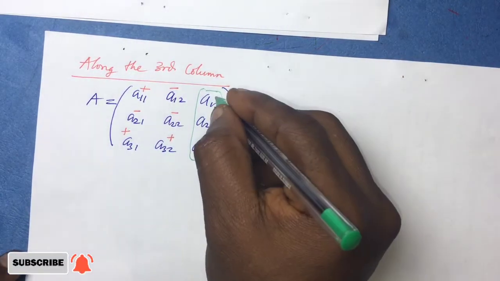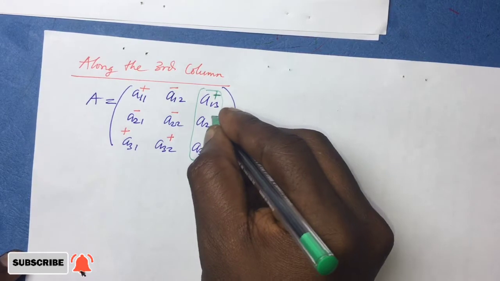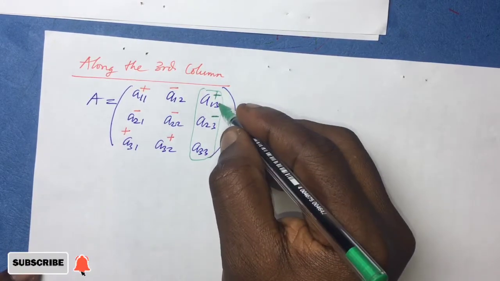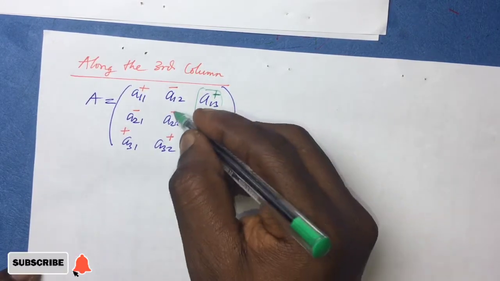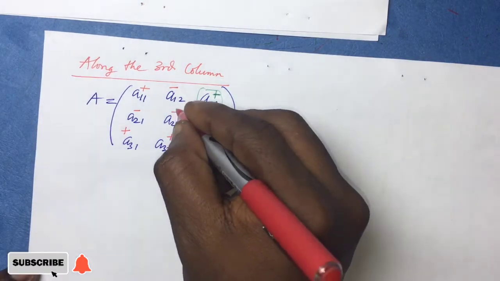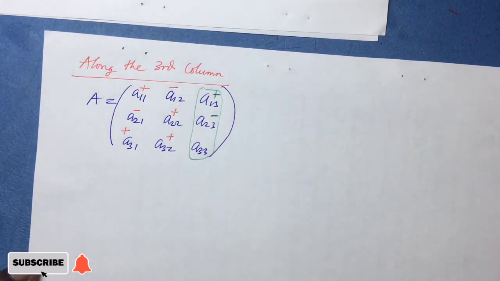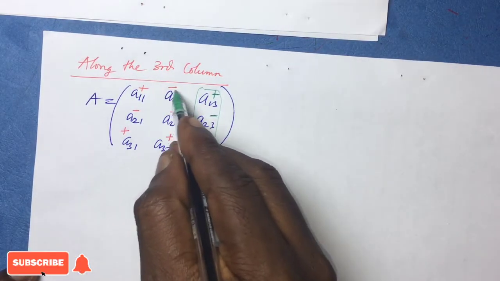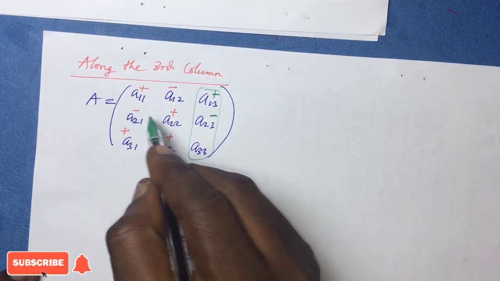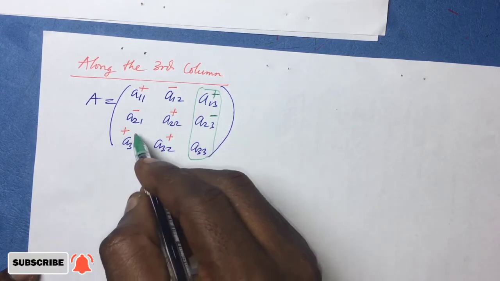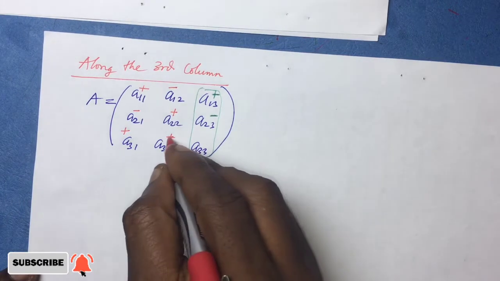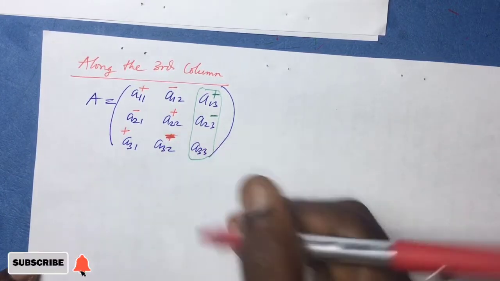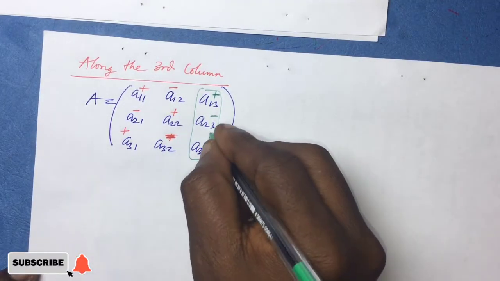So for this one, it will be plus here, it will be minus here. So this is supposed to be plus: plus, minus, plus, minus, plus, minus, plus, minus. So this should be a minus sign, and then finally this will be a plus sign.